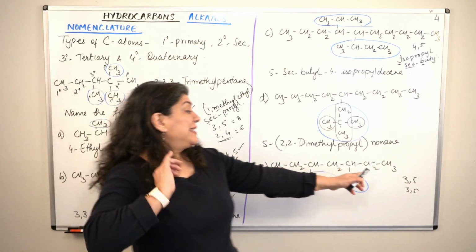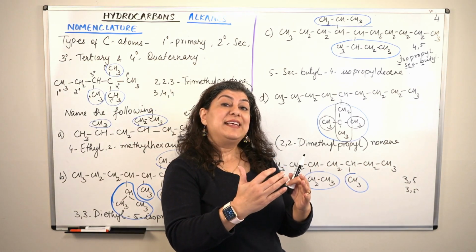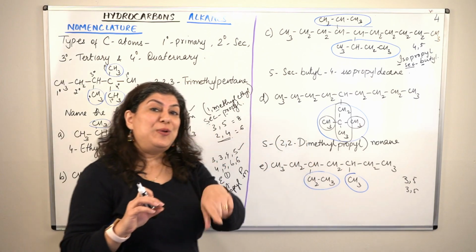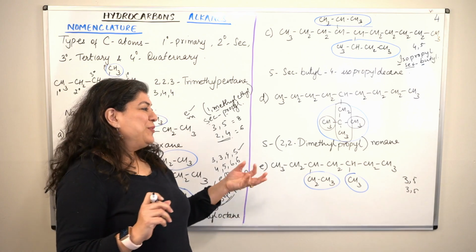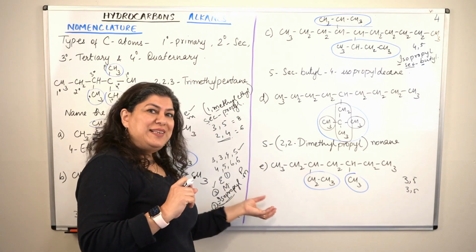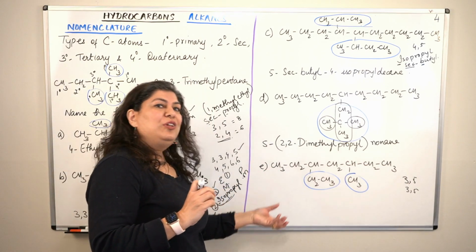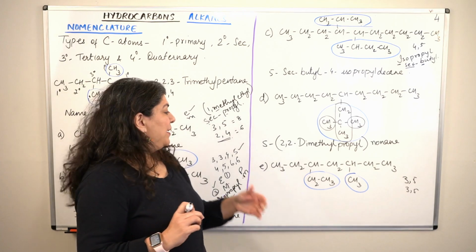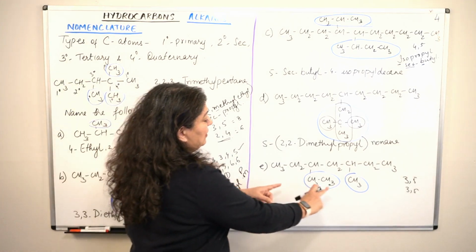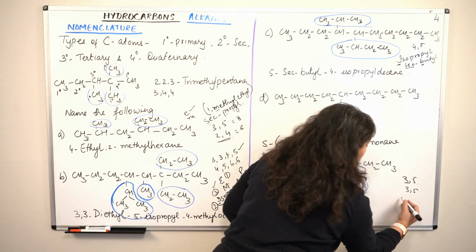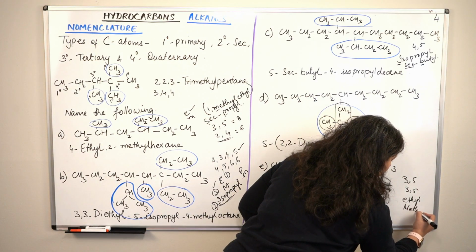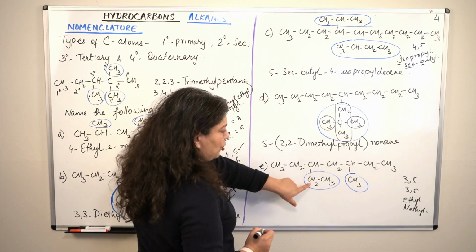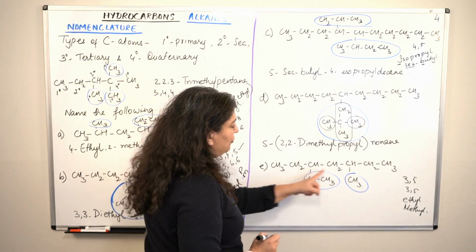If you are getting the same numbers on both the sides, then you will choose according to the alphabet too. So that you get not only the lowest locant as you're writing the name, also the lowest in alphabet. So the alphabetical order is, this is methyl group, this is ethyl group. So ethyl group comes first and methyl comes later. So this should come first, so we'll count from this side.